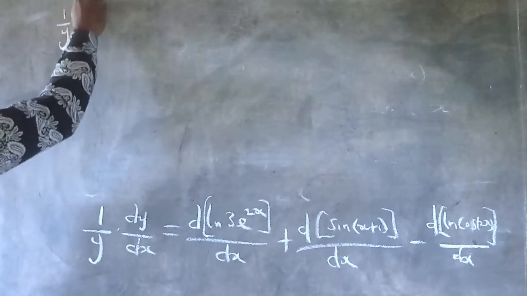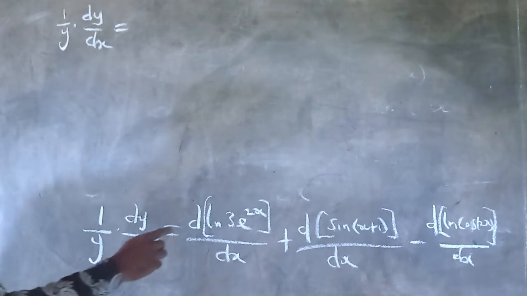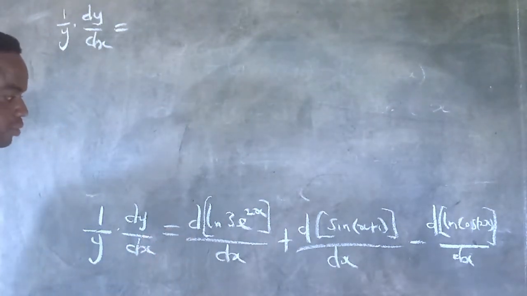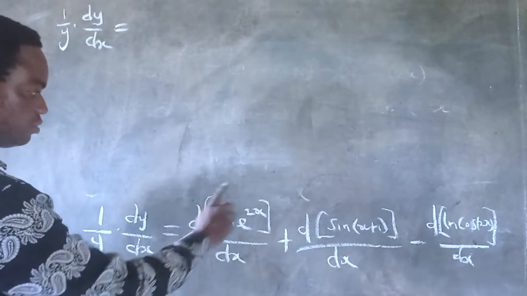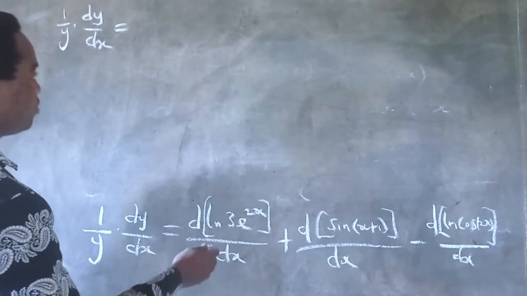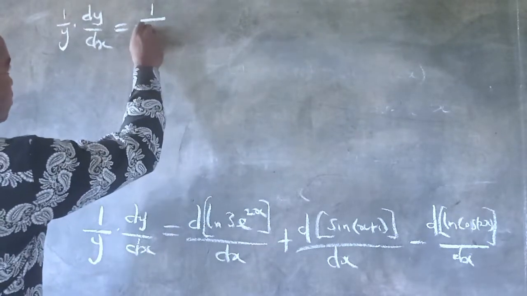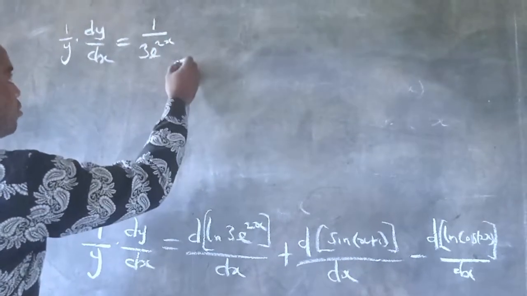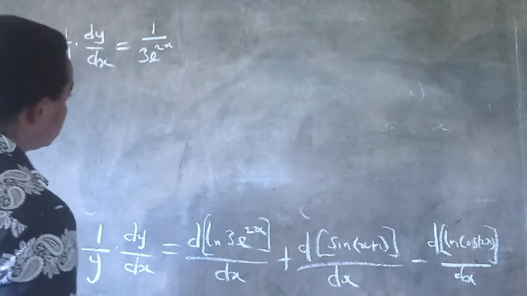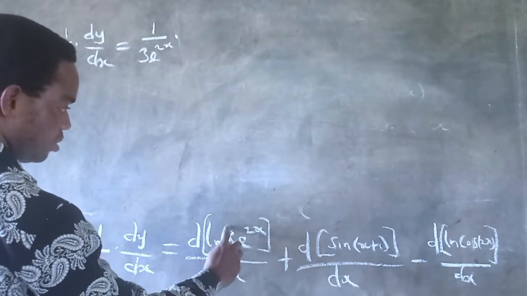So 1 all over y multiplied by dy/dx equals, so what is the derivative of ln of 3e raised to power 2x? This is a chain rule problem. The derivative of ln of anything is 1 all over that function, now multiplied by the derivative of the function.